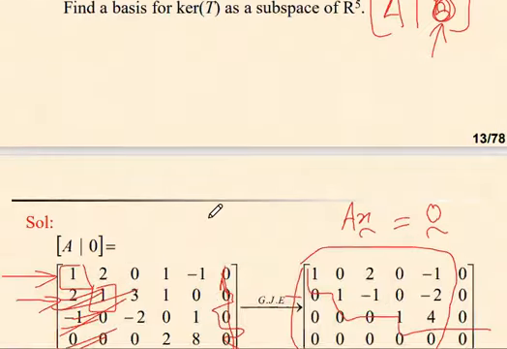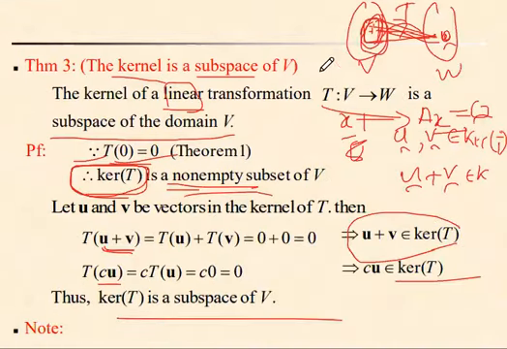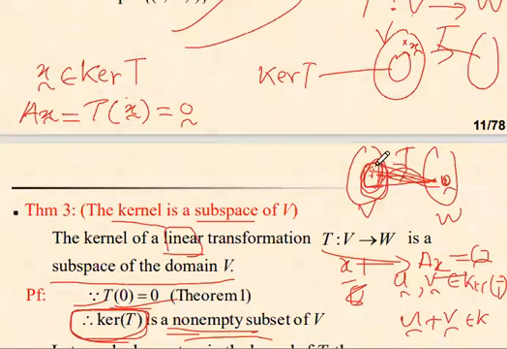We know that the kernel is a subset of V. What is the image of the kernel? The image of the kernel is the 0 element in W. We showed that the kernel is not only a subset, it is a subspace of V. So how do you find the kernel if you write this transformation in matrix form?